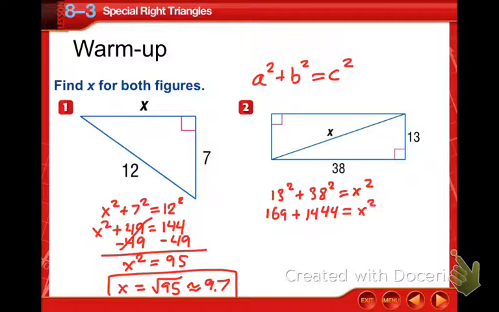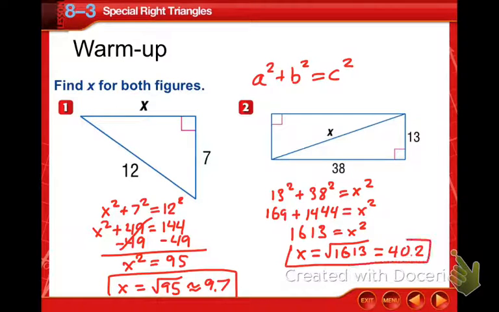Equal to x squared. Add these up, and we get 1613 equal to x squared. If we square root both sides, x comes out to be the square root of 1613, which again, you can't really split up, believe it or not, but that comes out to be about 40.2.